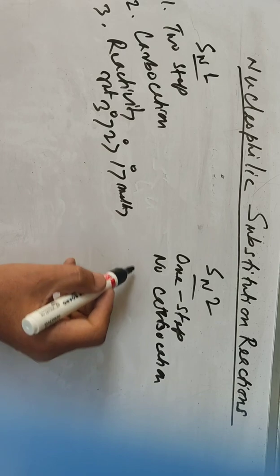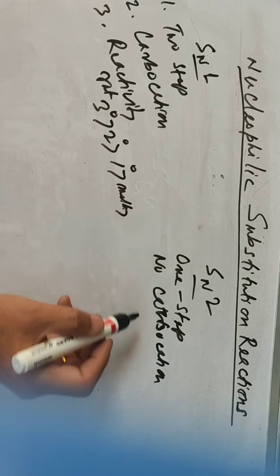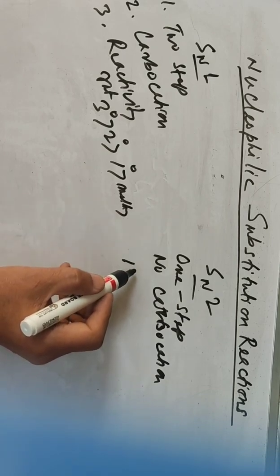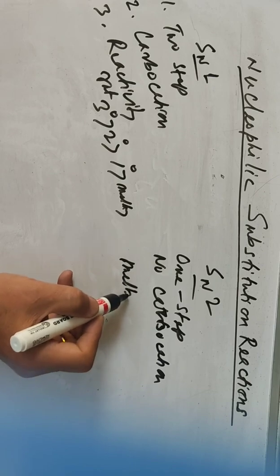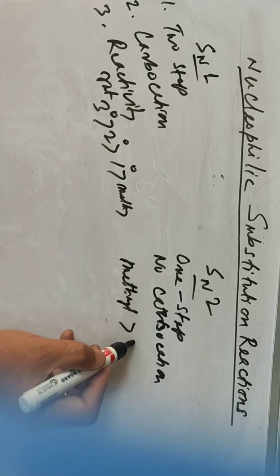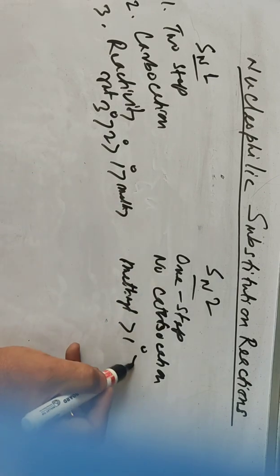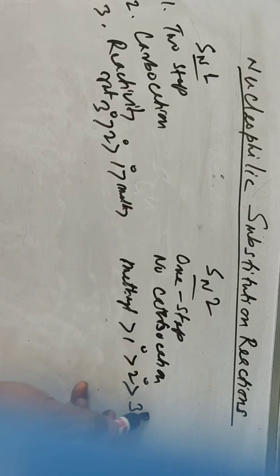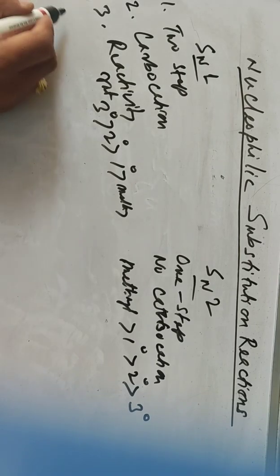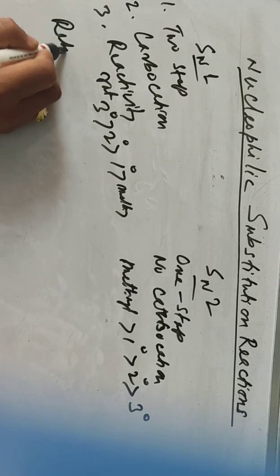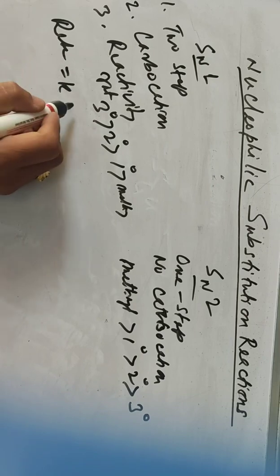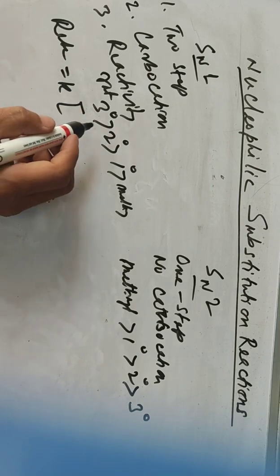But in SN2 the reactivity rate is just the opposite: methyl is the most reactive, opposite to SN1. Then the rate law. The rate law for SN1 depends only on the alkyl halide.